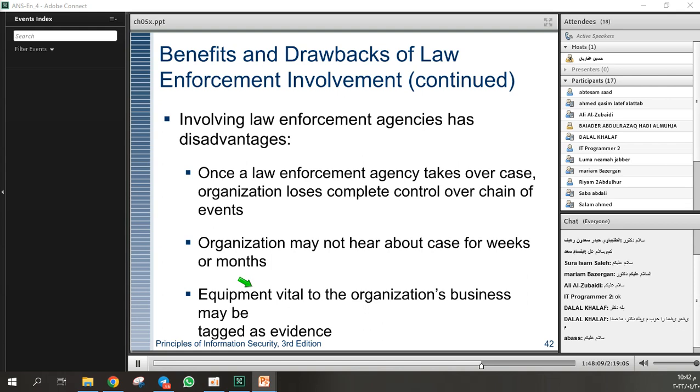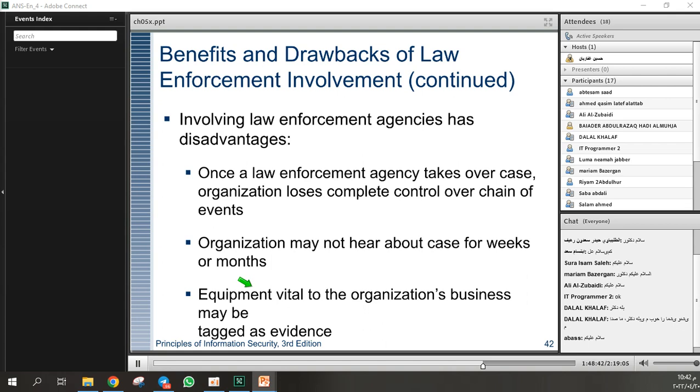The organization may not hear about the case for weeks or months. For example, someone was killed in my organization. The police will follow the inspections. In the place where someone was murdered, the police come and say, okay, this area is closed.